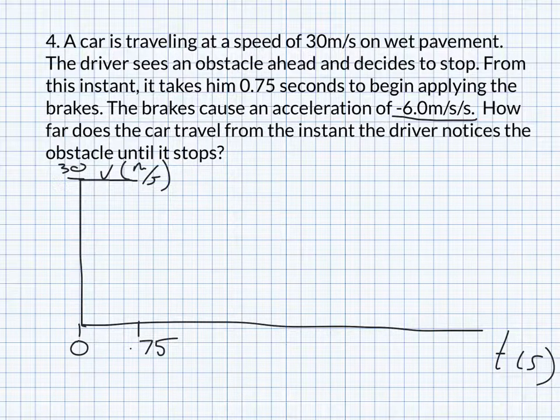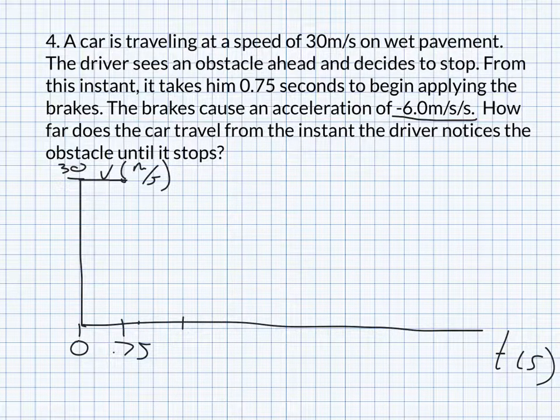So let's do this. Let's make 0.75 here, because that means that 1 second's worth of time on this graph is 4 squares. And I'll go back up here and erase that. Okay, so I get to there. If I go forward 1 second, I also have to do 30 here, so that's 2, 4, 6, 8, 10.